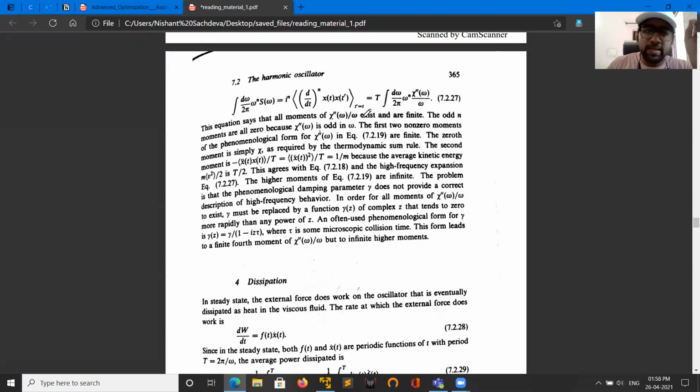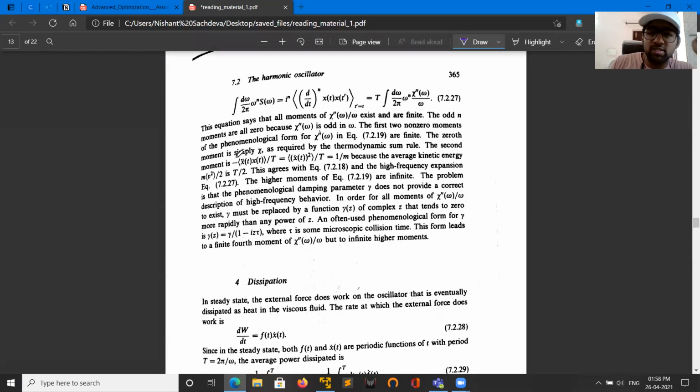The zeroth moment is simply x, as required by the thermodynamic sum rule, which we studied above. The second moment is this guy, and it's equal to 1 by m because the average kinetic energy is T by 2.